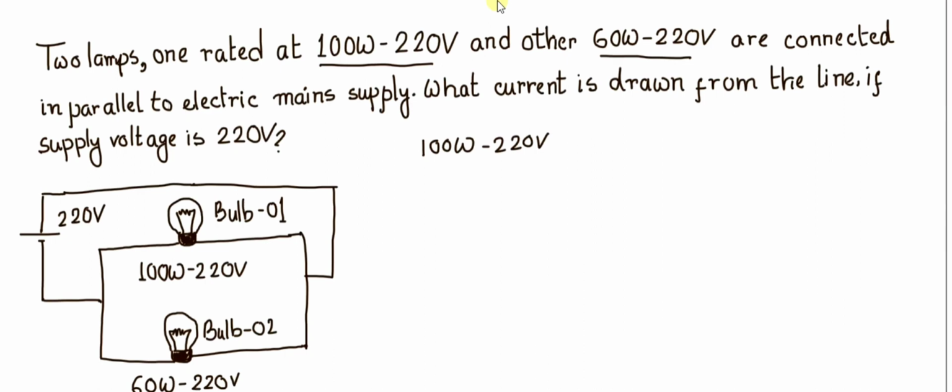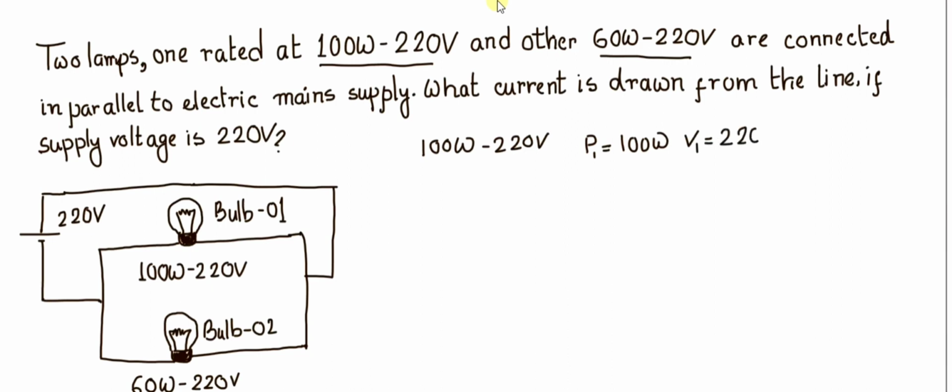Once again, this information basically gives you the idea that P1 is equal to 100 watt and V1 is equal to 220 volt.